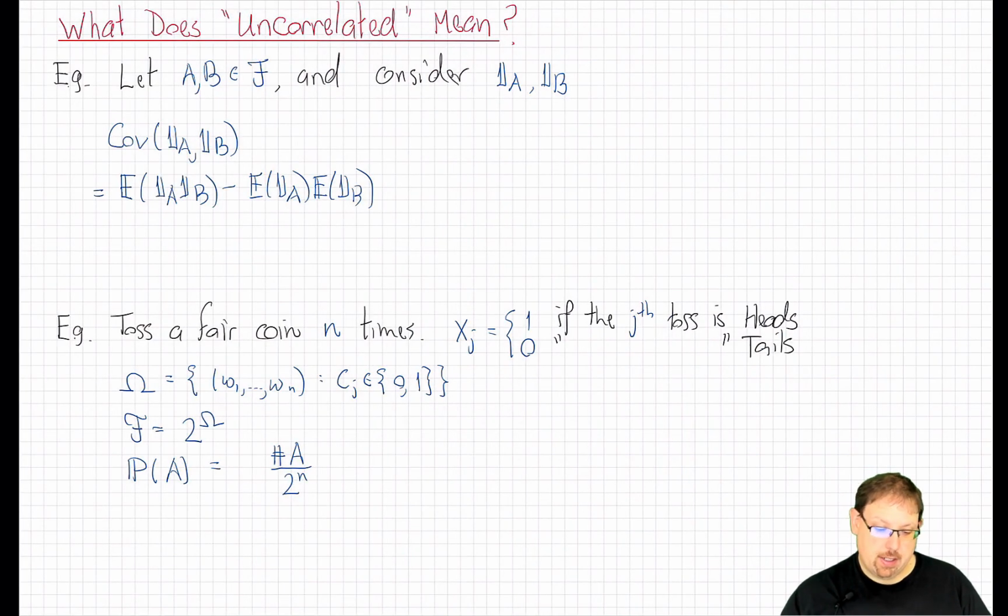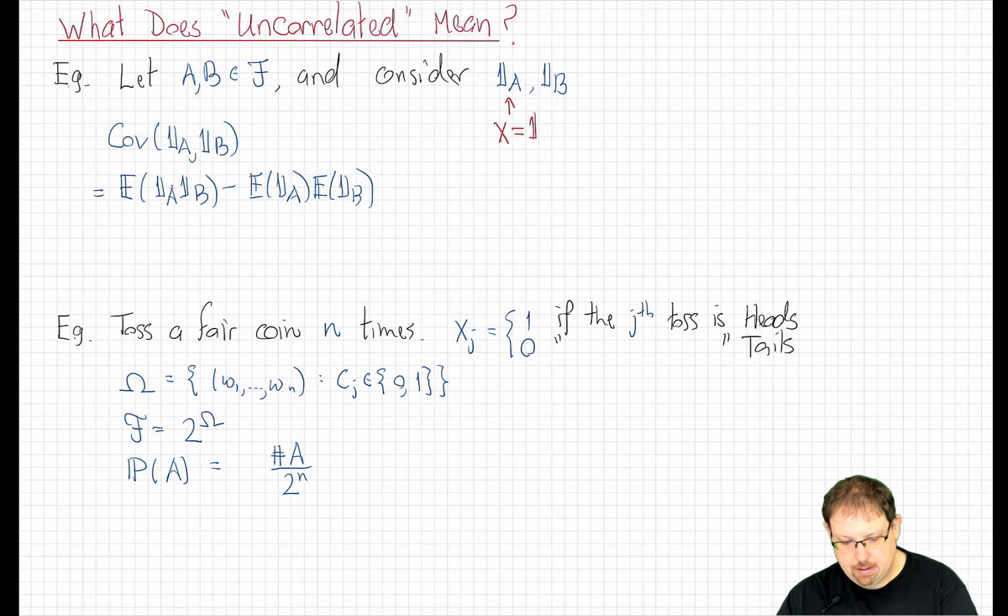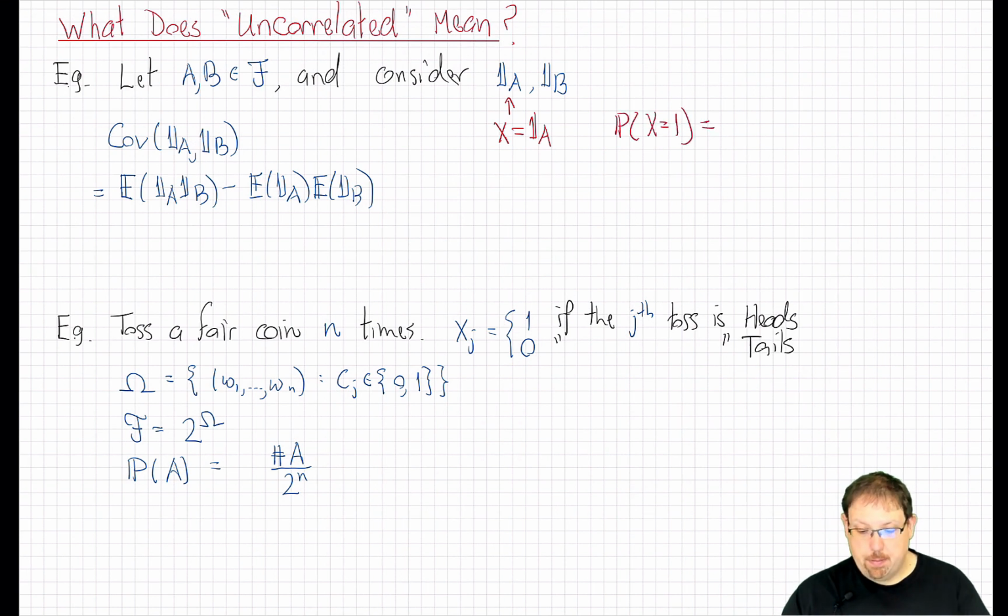For starters, let's take two events in our probability space, A and B. We know that we can convert them into random variables by taking the indicator functions of those events. And by the way, what kind of distribution does such a random variable have? Well, if I take one of those, I'll call it x. It takes only two possible values, 1 and 0. The probability that it is equal to 1 is the probability of the set A, where it equals 1.